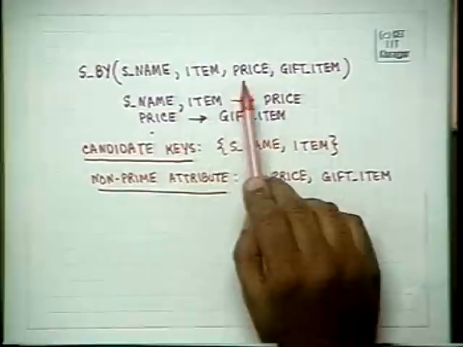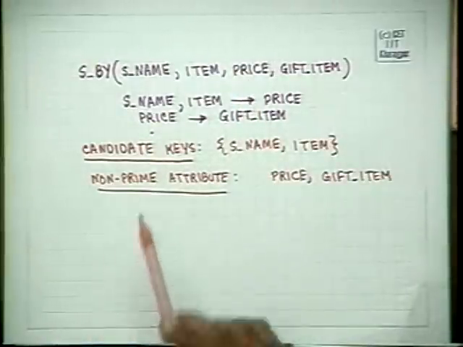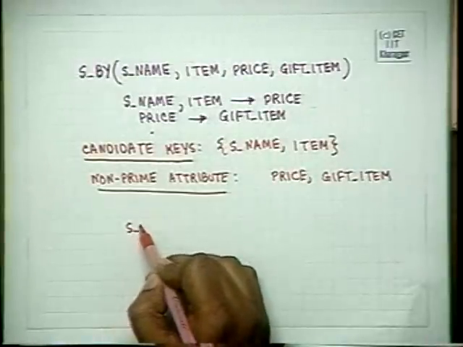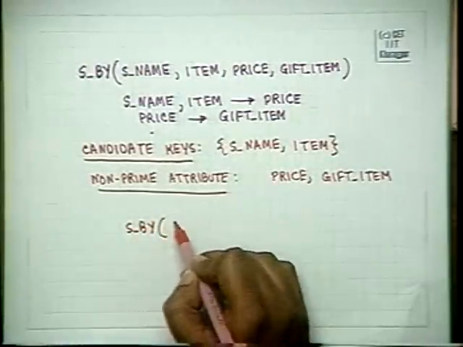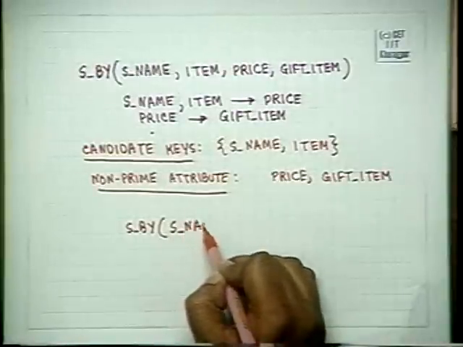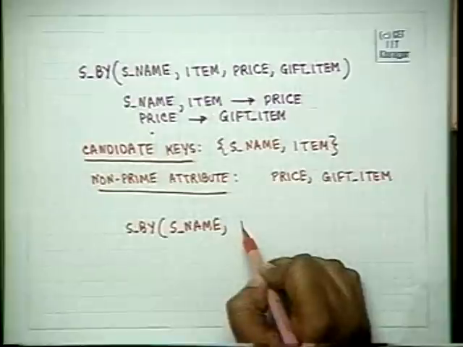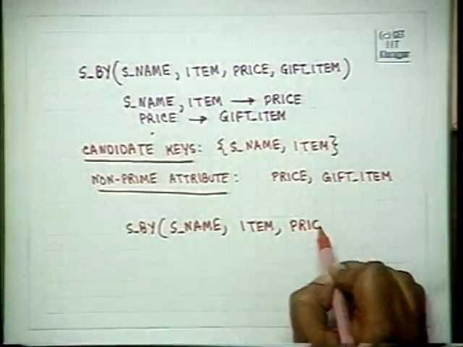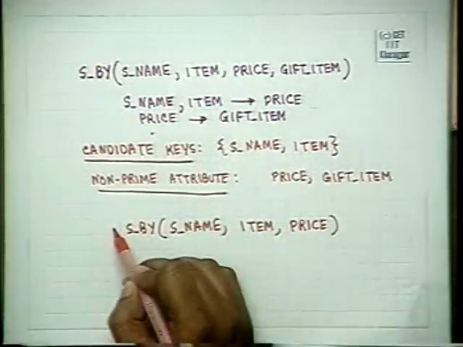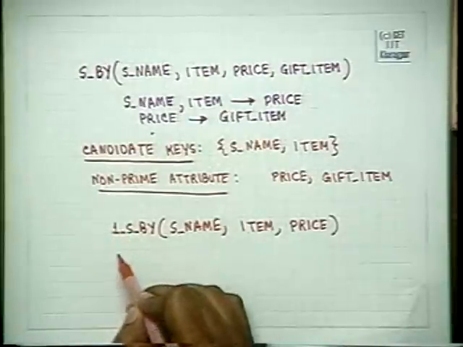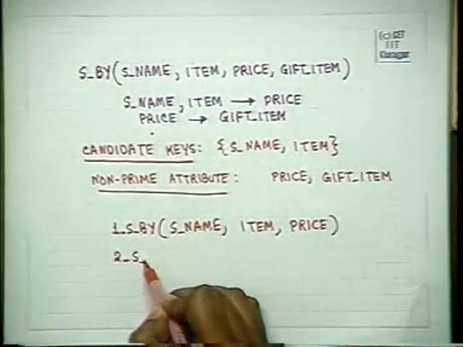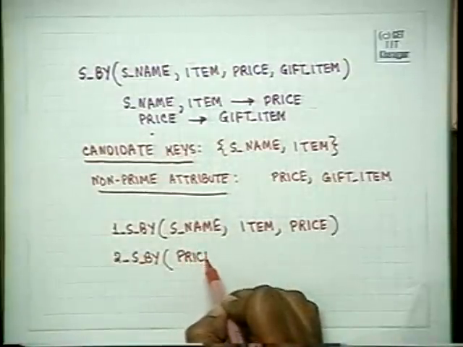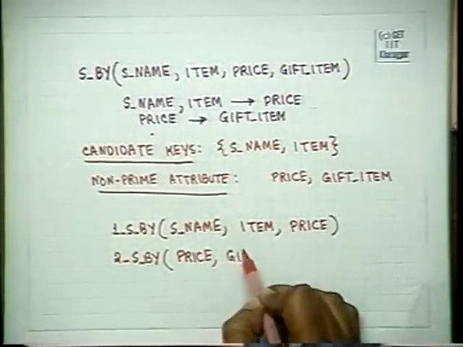And this is a lossless join, because if you join up, so what we will do, S by will become S name, item, price. This is the first one, and the second one will be price, gift item.